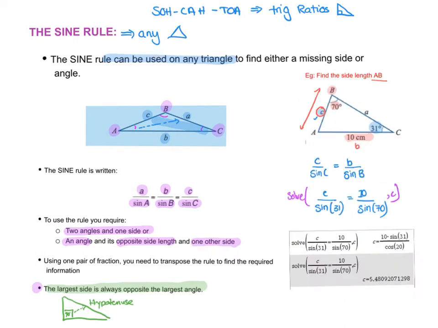Here I've put it into the calculator, solve. Just remember, if your answer is on exact, just press Control Enter to get your decimal answer. I'll round that to 1 decimal place and say C, or the length, it's actually called AB in this question, is 5.5 centimeters.